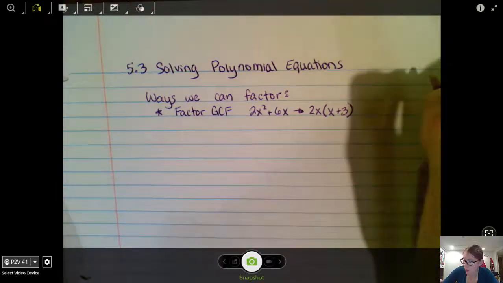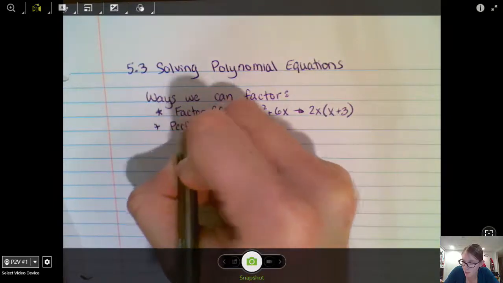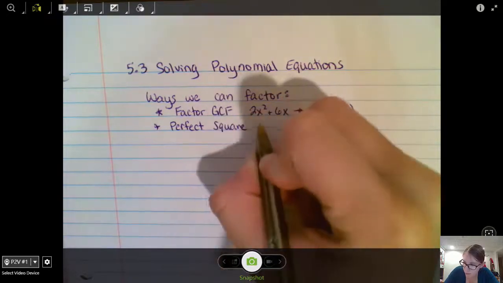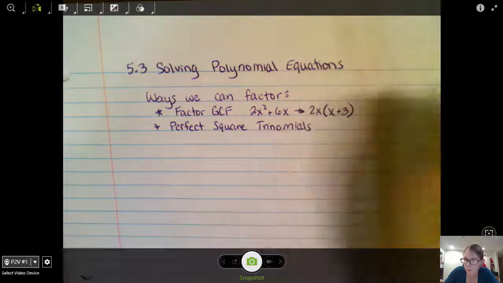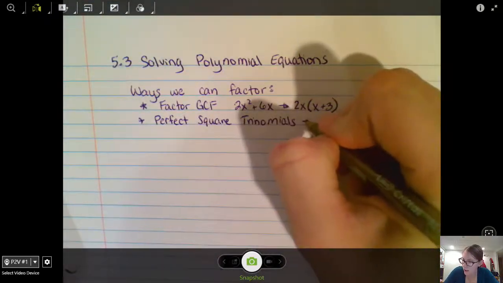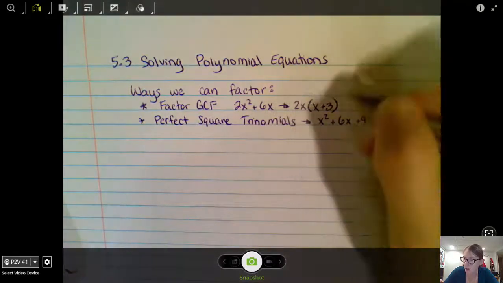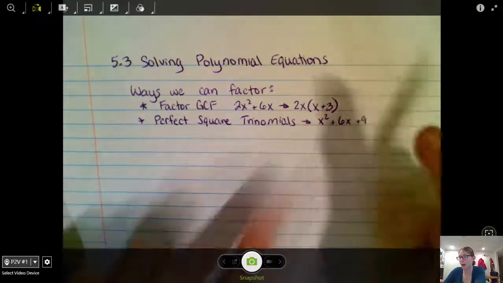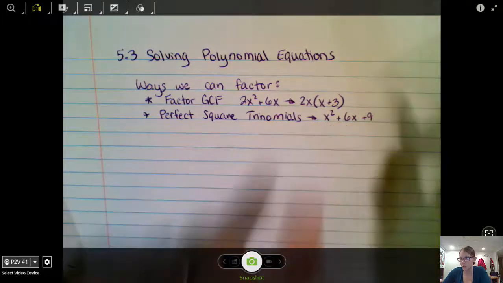Another strategy that we learned was to look for perfect square trinomials. Remember, that was something that looked like x squared plus 6x plus 9, where our first term and our last term are perfect squares, and twice the product of whatever squared gives us these equals our middle term.